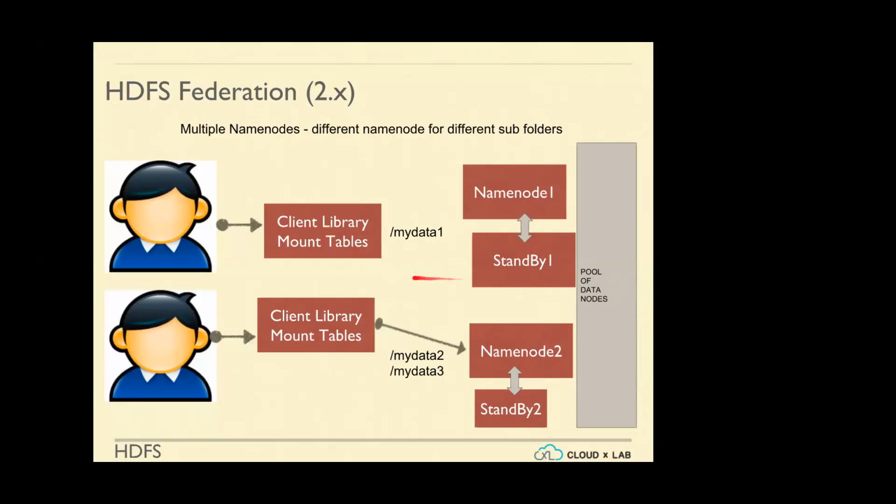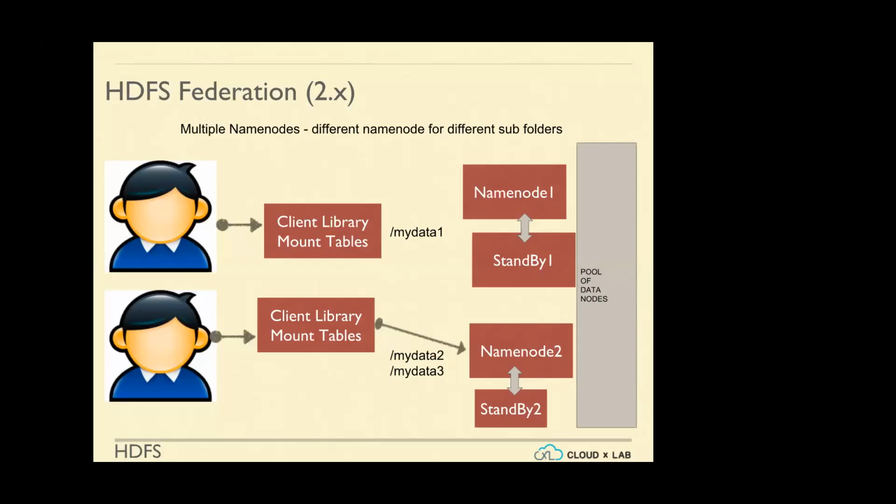And at the client library level, we create something called a mount point table, where we keep a configuration that requests to this directory go to this particular name node, while requests to these directories go to this one. The client library consults this mount table. The mount table is nothing but local files, and these local files are made available on all the machines.